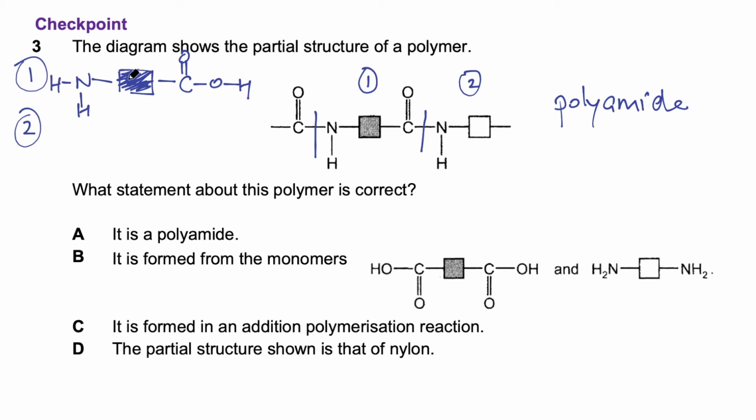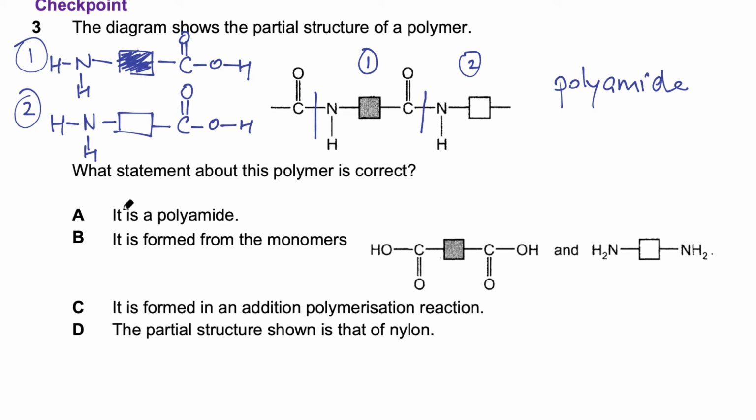So we have first monomer with 2 different functional groups on the same molecule. The second one, on the left hand side here is your amine again, and on the other side we have a carboxylic acid. And these join together, alternating back and forth, to form a polymer.